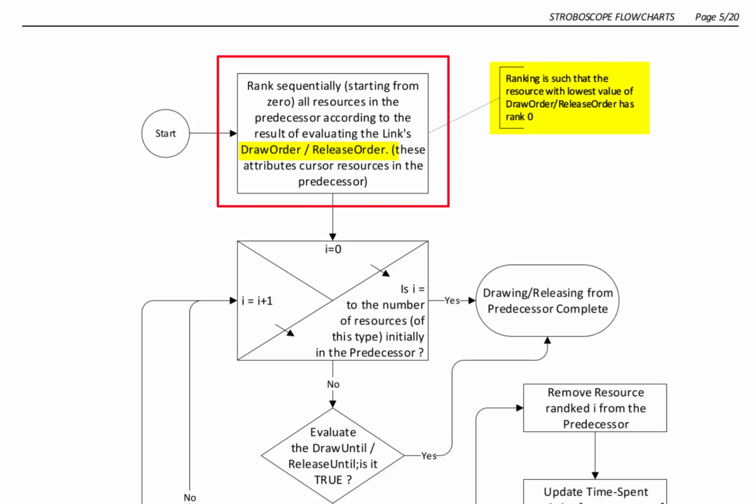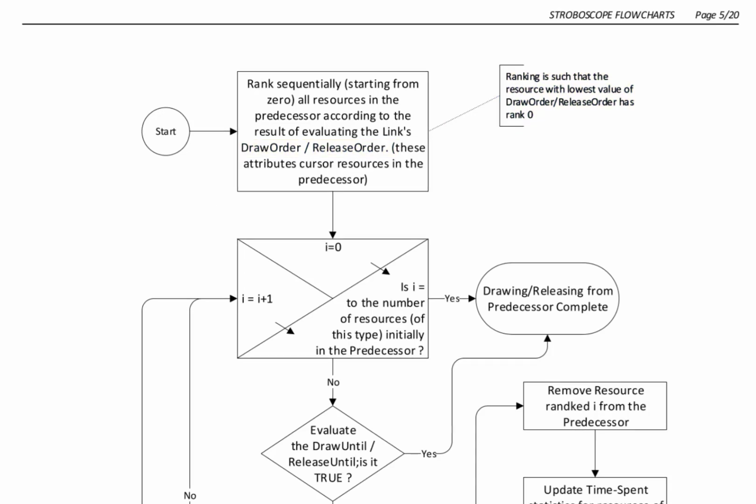In other words, the resource with the lowest value goes to the front of the line and has rank 0. At this point, resources are sorted in the order in which they will be attempted to be drawn or released.